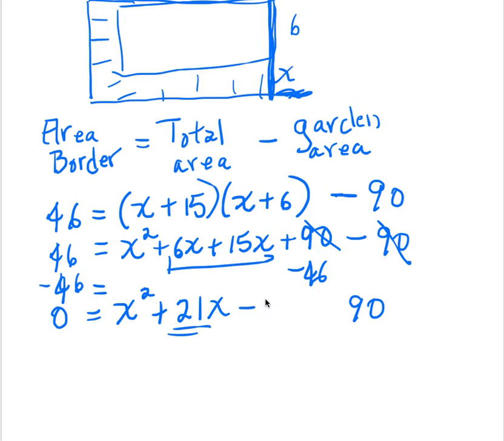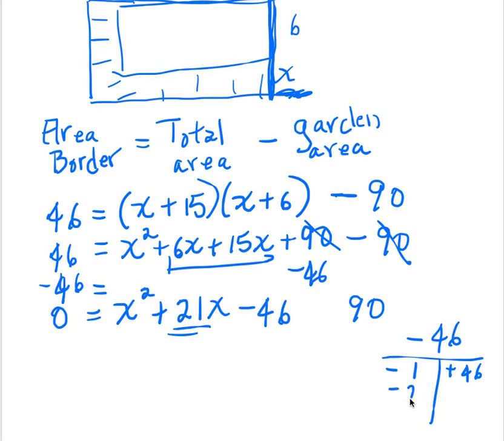So we are looking for factors of negative 46 that combine into positive 21. So this tells me that my larger factors, or larger absolute values, are going to be positive and the smaller ones are going to be negative. So I start with 1 and 46. Well, what does that combine into? 45. That's not going to do it.